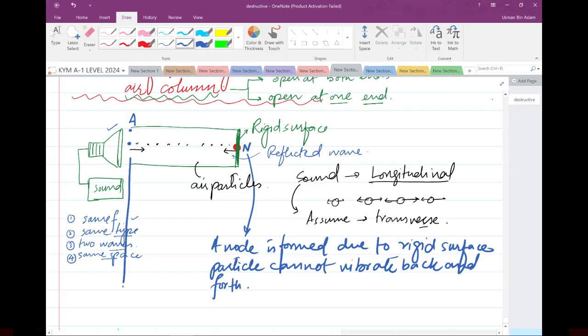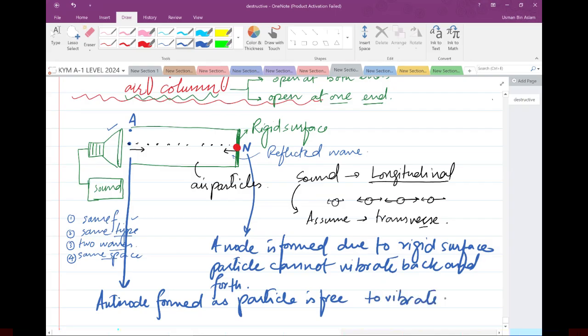Whereas why is an antinode formed over here? Antinode is formed as the particle is free to vibrate. That means even if we change the wavelength and change the frequency of the wave, there will always be an antinode forming at the open end and a node forming at the closed end. Are you with me so far? Yes. All right, that is great.